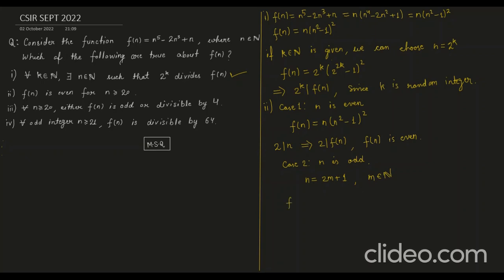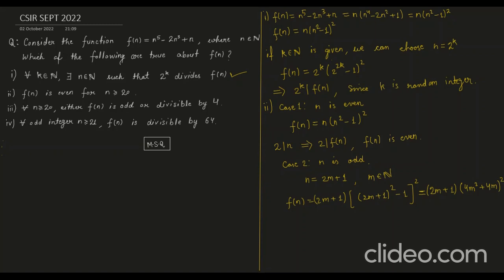If you put that in the equation, we will get f(n) equals 2m plus 1 times (2m plus 1) raised to 2 minus 1, whole square, and eventually it will become 2m plus 1 times 4m square plus 4m whole square.